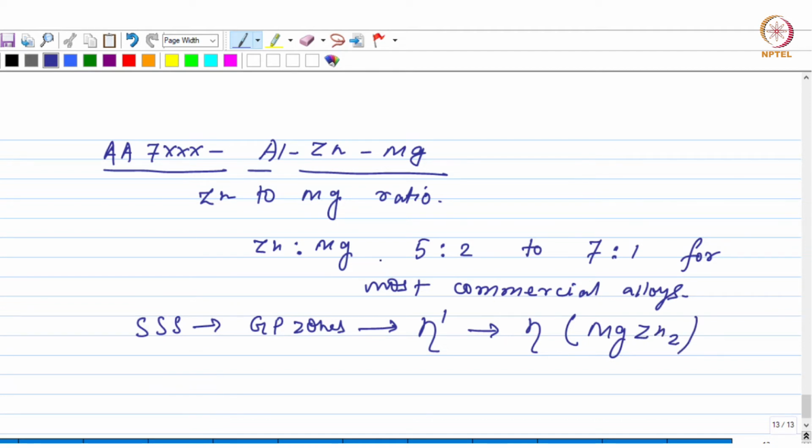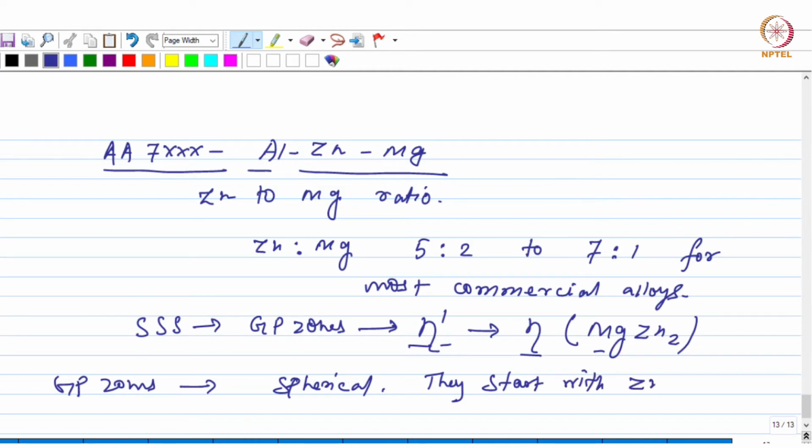Here the main precipitate is the eta prime phase and the equilibrium phase is eta, or MgZn2. If you look at the GP zones, in this case also they are spherical, and they start with a zinc cluster, and slowly the magnesium atoms join.